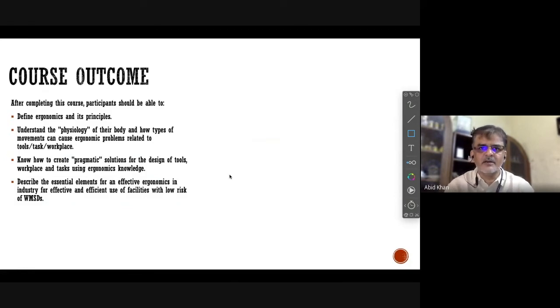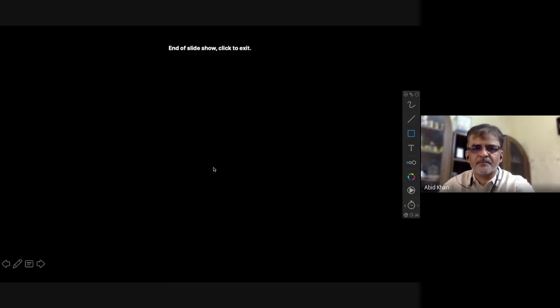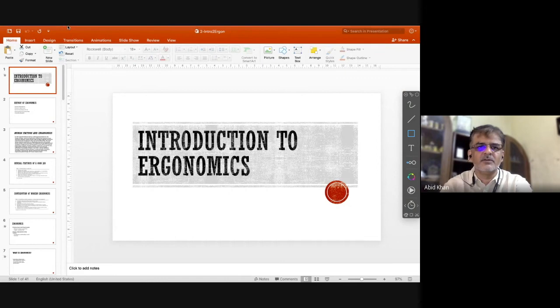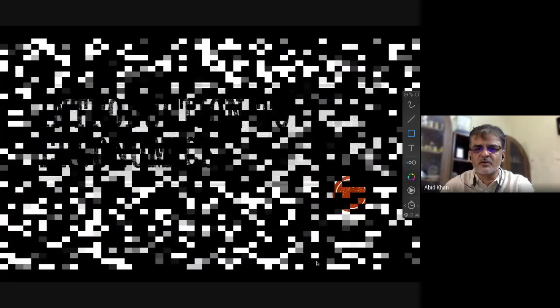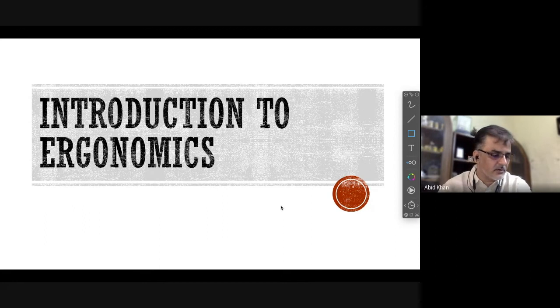So we should have options to justify how you can get the advantage of ergonomics for the working environment. It is not only adding to the cost, it is adding to the productivity, it is adding to the quality of the work, it is adding to lesser cost of skill, it is reducing the insurance claim. So these are benefits which are related to the cost benefit analysis that we see.